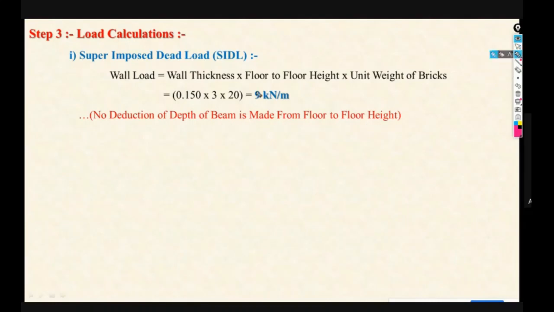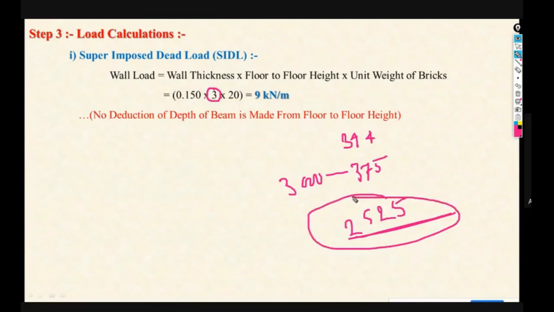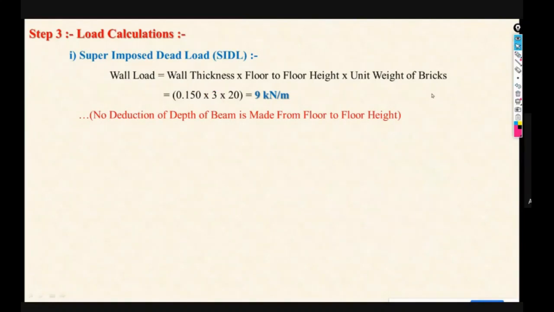If you deduct the depth, 3000 minus 375, the height should actually be 2625, but here we have not deducted this depth. We have considered the total floor to floor height.